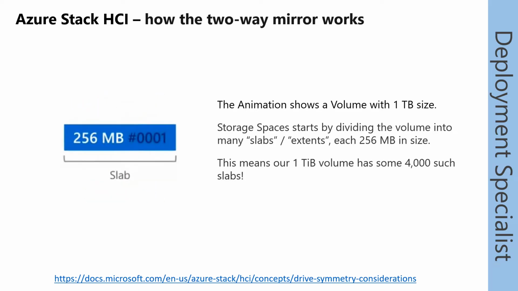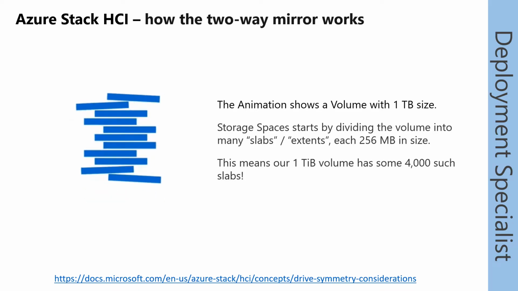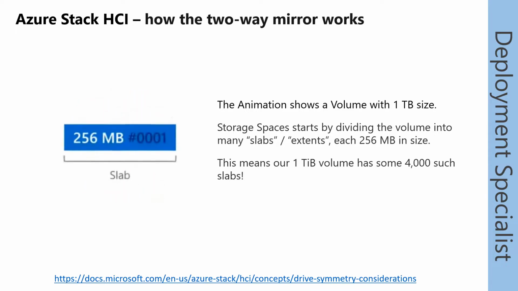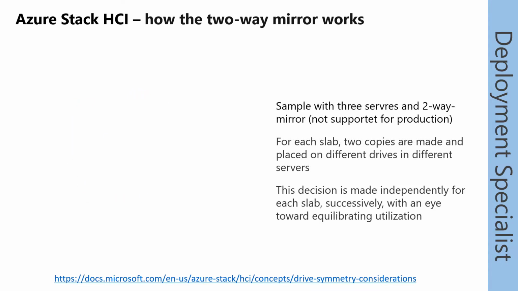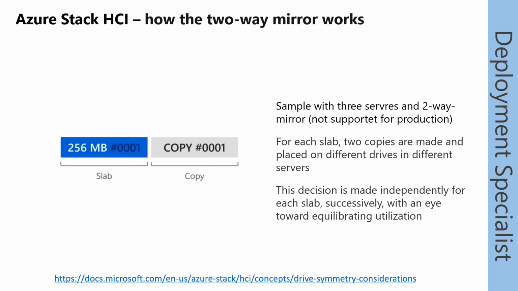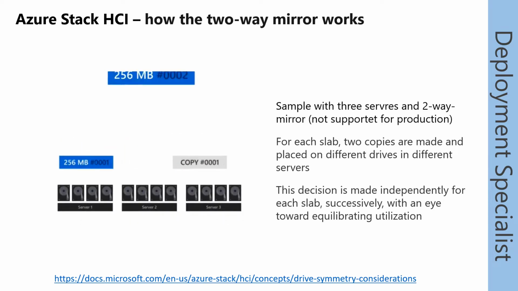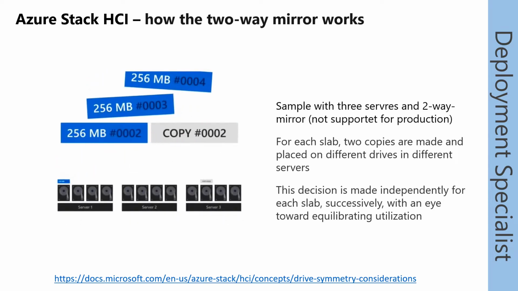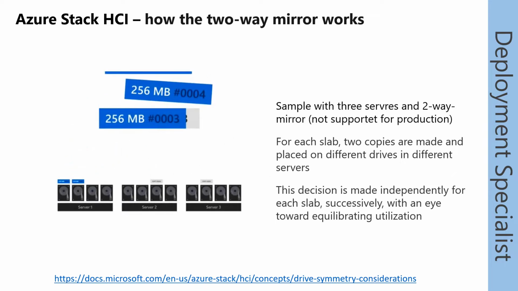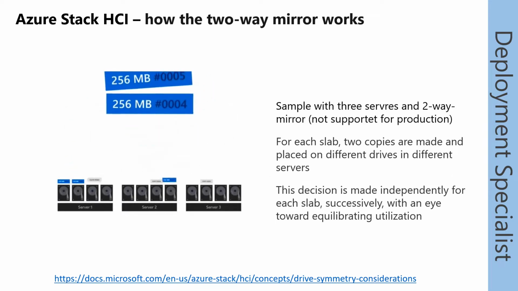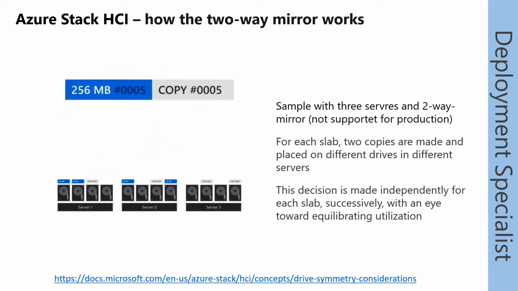It's the same mechanism we also have in Storage Spaces Direct in Windows Server. These extents are distributed across the servers, and for each extent copies are created. So if we have an original slab or extent, in a two-way mirror we have an additional copy.